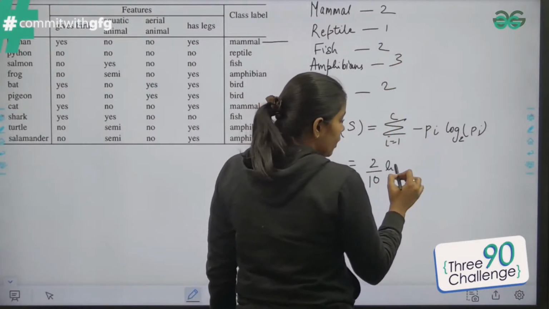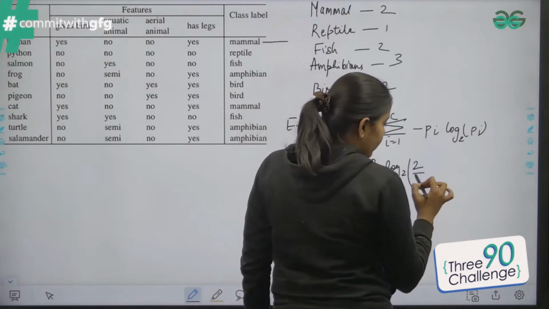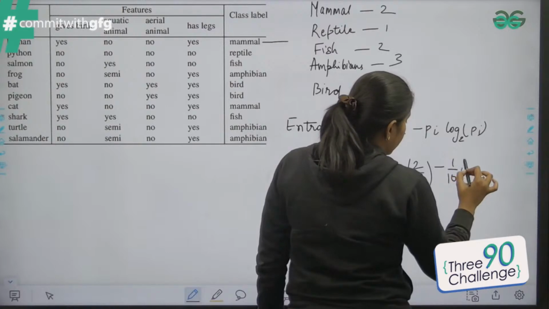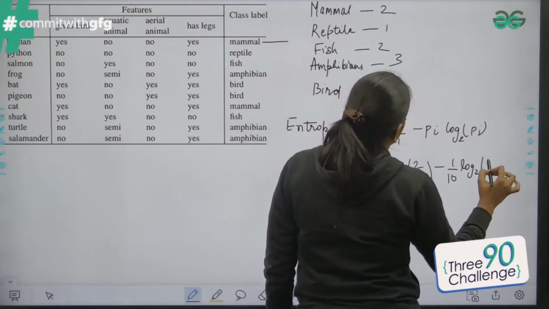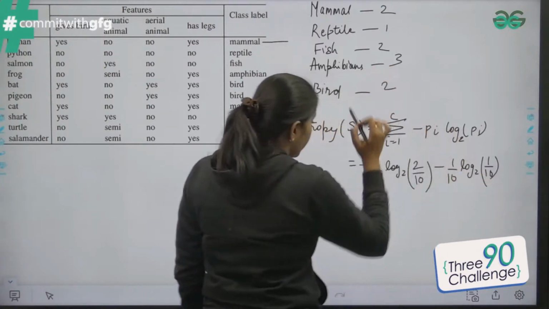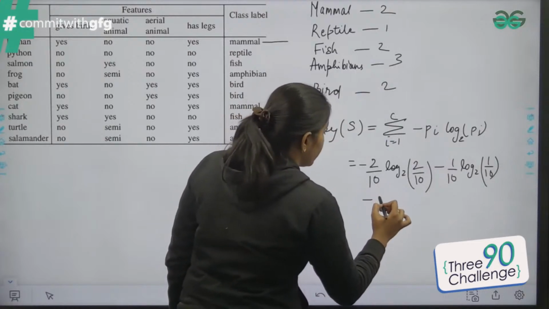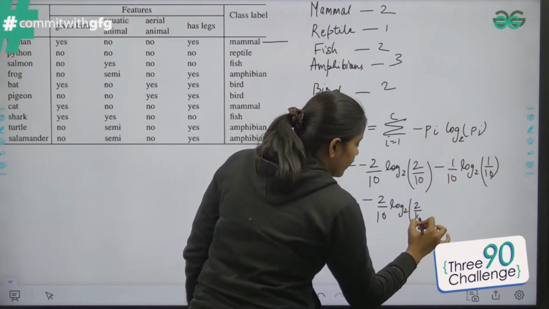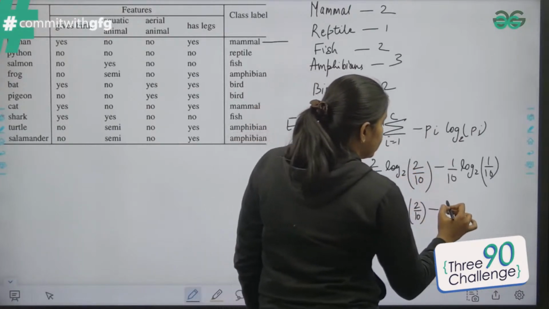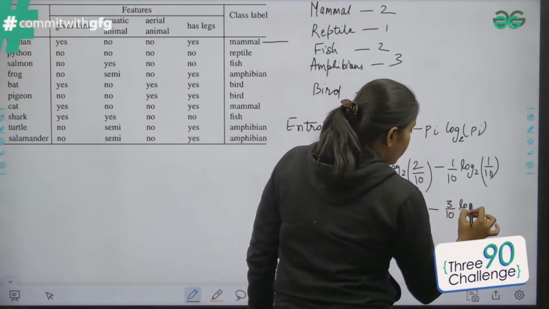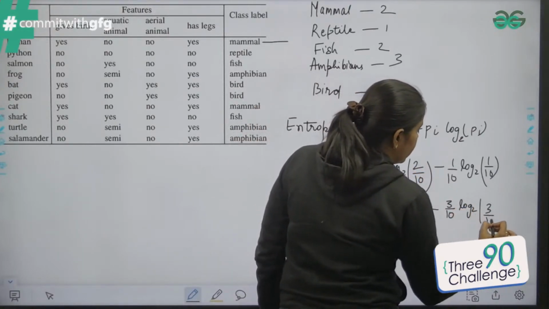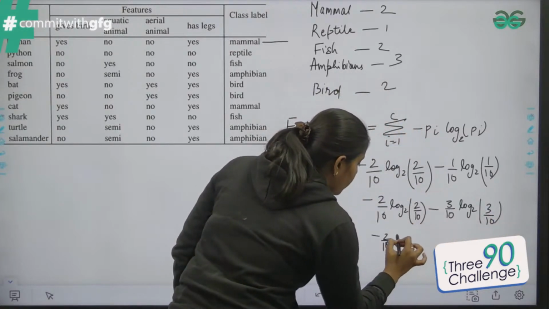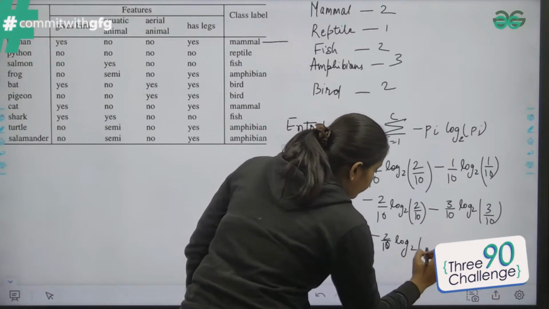So it is minus 2 by 10 log 2 of 2 by 10, minus 1 by 10 log 2 of 1 by 10 for reptile, and this is for fish: minus 2 by 10 log 2 of 2 by 10, minus 3 by 10 log 2 of 3 by 10, and minus 2 by 10 for bird, log 2 of 2 by 10.